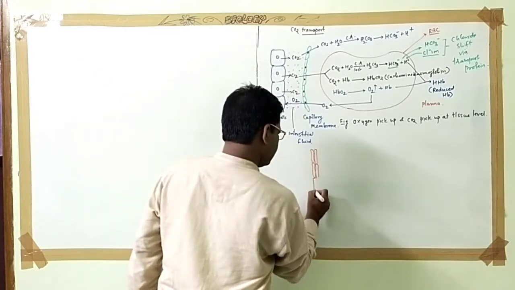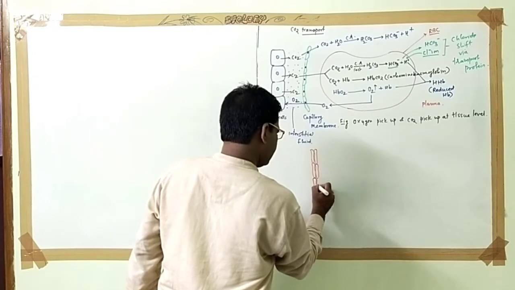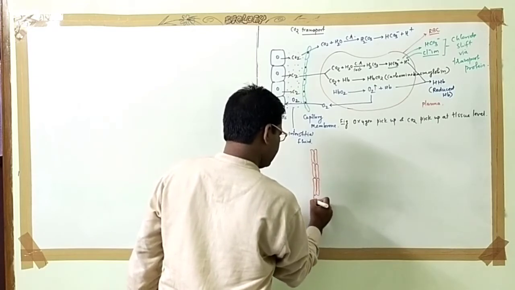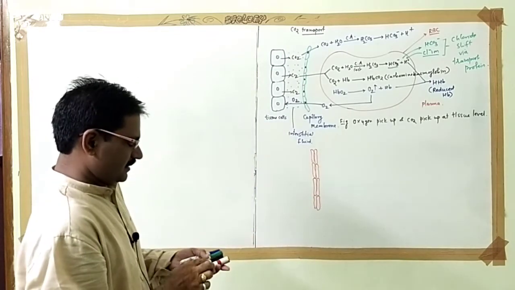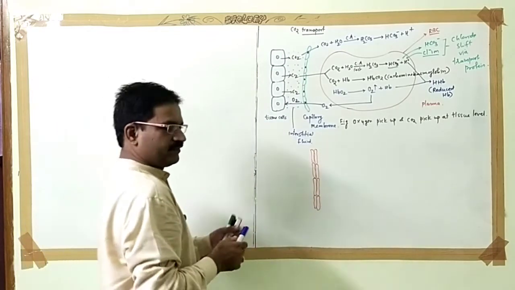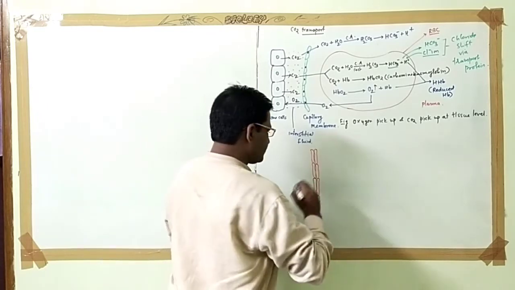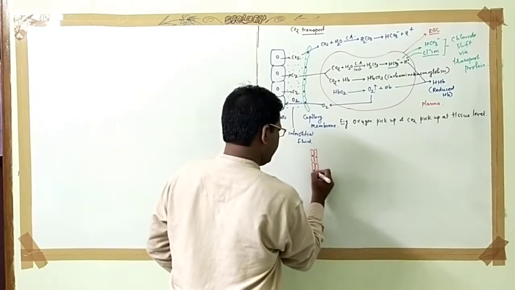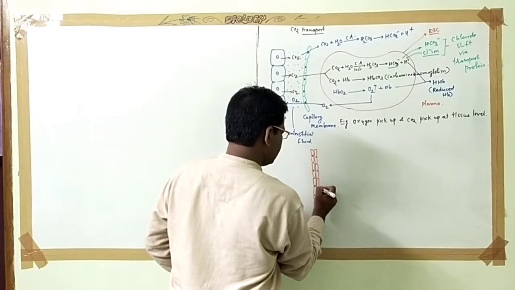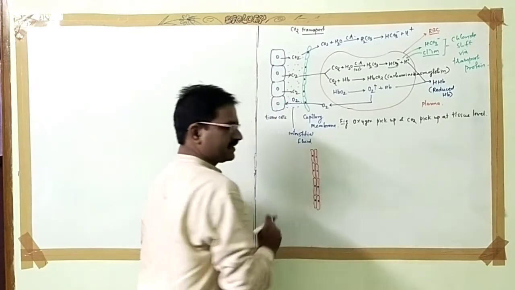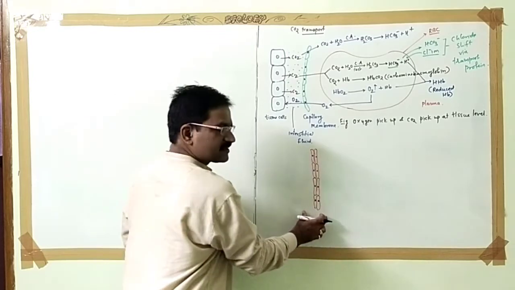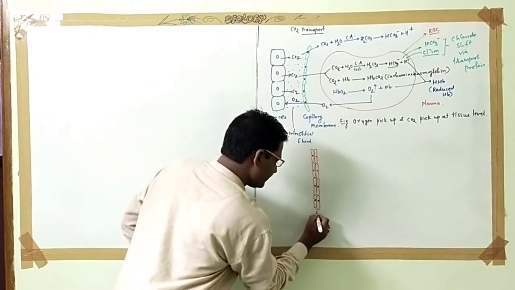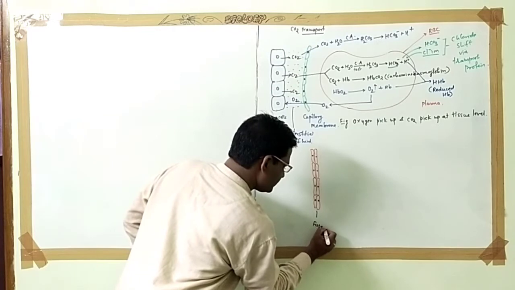This is called as the membrane which is present between lung and blood capillary. Okay. This is the fused membrane.